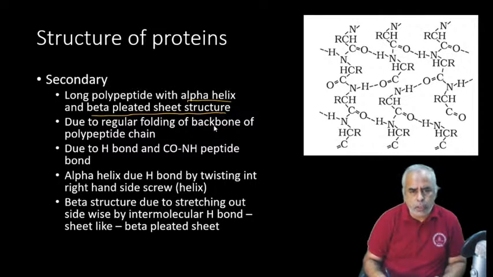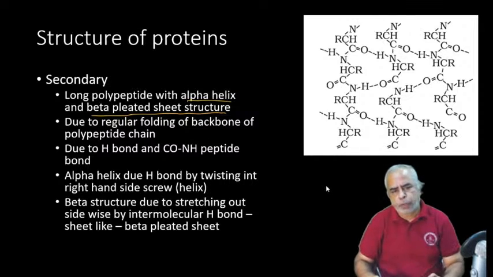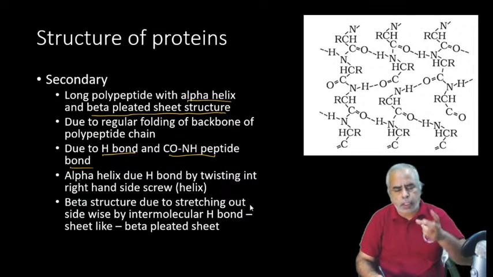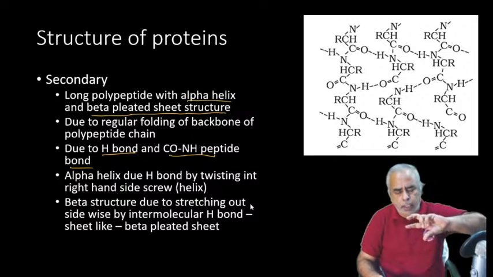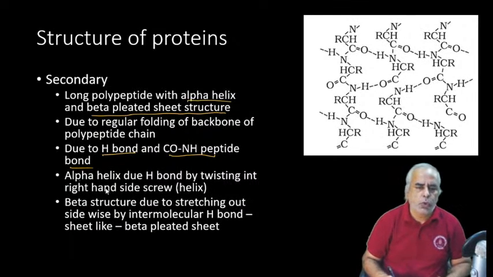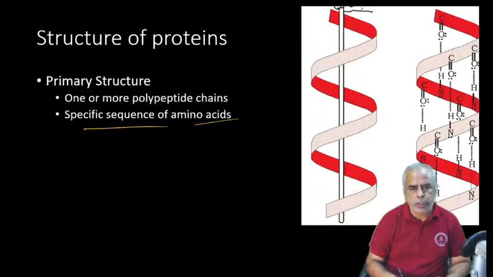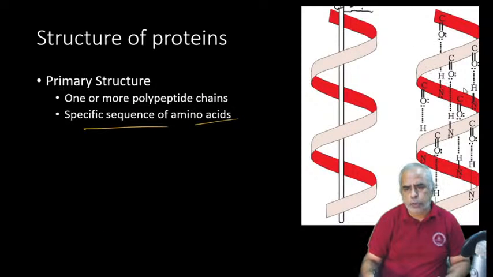Due to the regular folding of the backbone of a polypeptide chain, they can form, and it is because of hydrogen bonds and the CONH peptide bond that you are able to get this alpha helix. Alpha helix means they are twisted, right-handed twisted. That is why they are called helix. So the structure is given here. This is the helix structure.